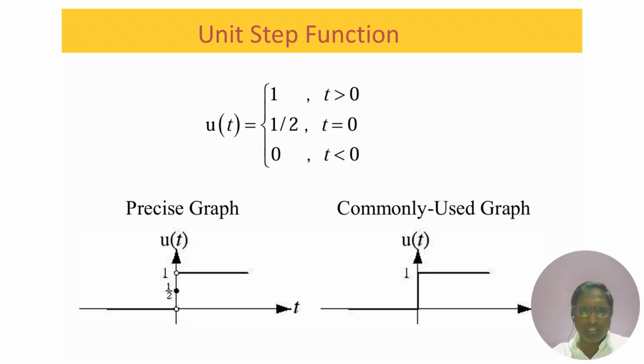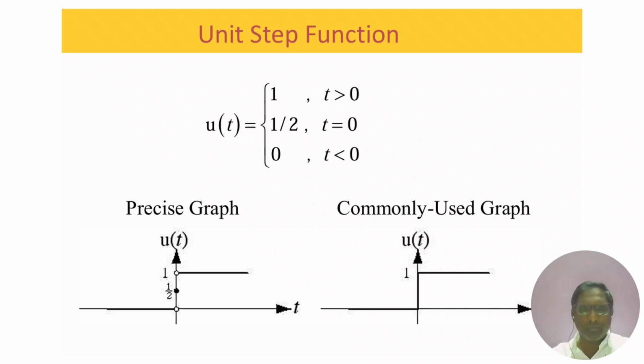First, unit step function. Here we can express it mathematically as u of t equal to 1 when t greater than 0. Next, u of t equal to 1 by 2 when t equal to 0. Third case, u of t equals 0 when t less than 0.